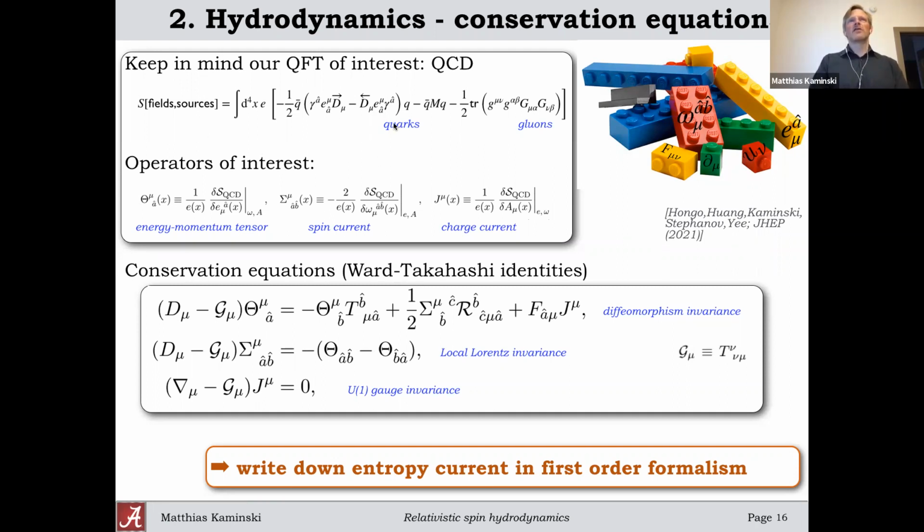So we have the quarks here, and everything's written in first order formalism with the vielbeins contracted with the gamma matrices and the quarks. That's the dynamical term for the quarks. Here's the quark mass term. It's the quark mass matrix with the up, down, and so on masses on the diagonal, and we have the gluon fields here that contribute as well.